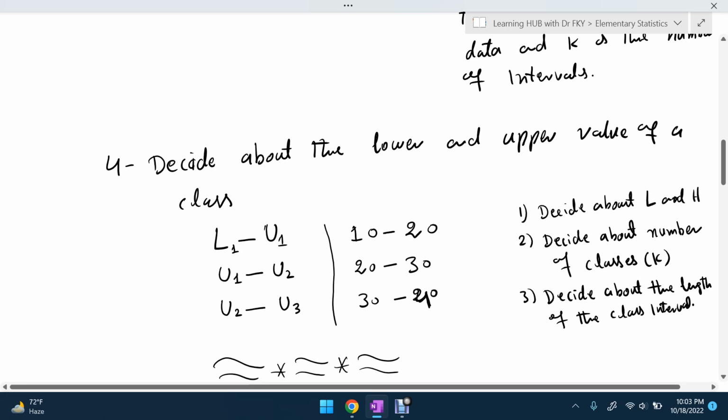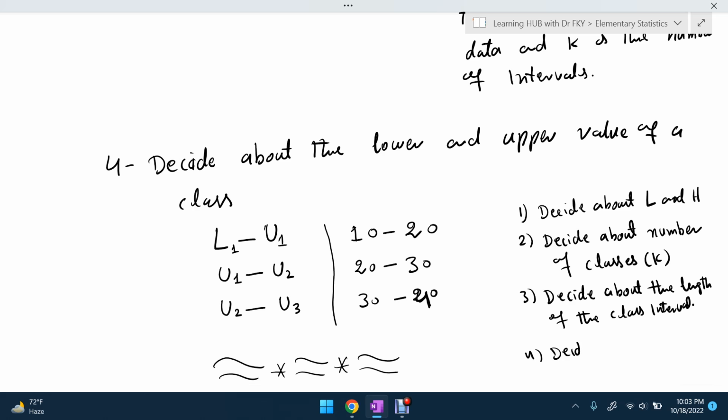And the fourth one is to decide about the lower and upper values of the class. Okay, so this is the four-step procedure, which is very basic and very easy.